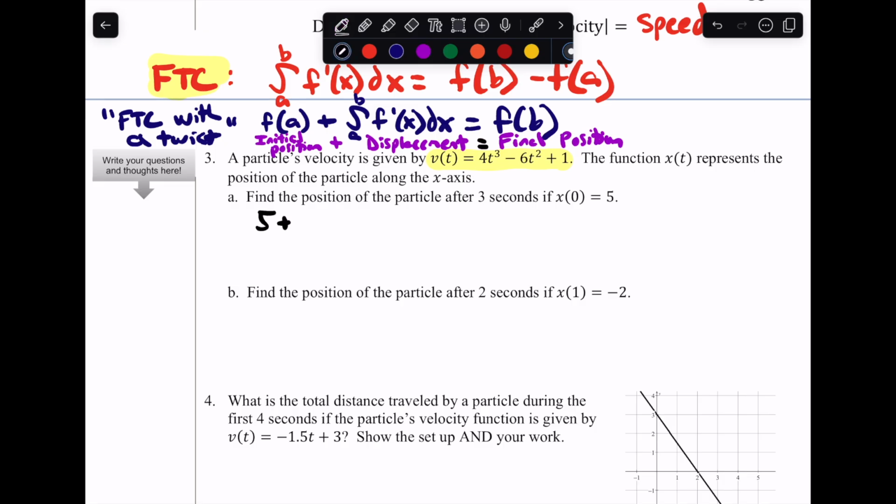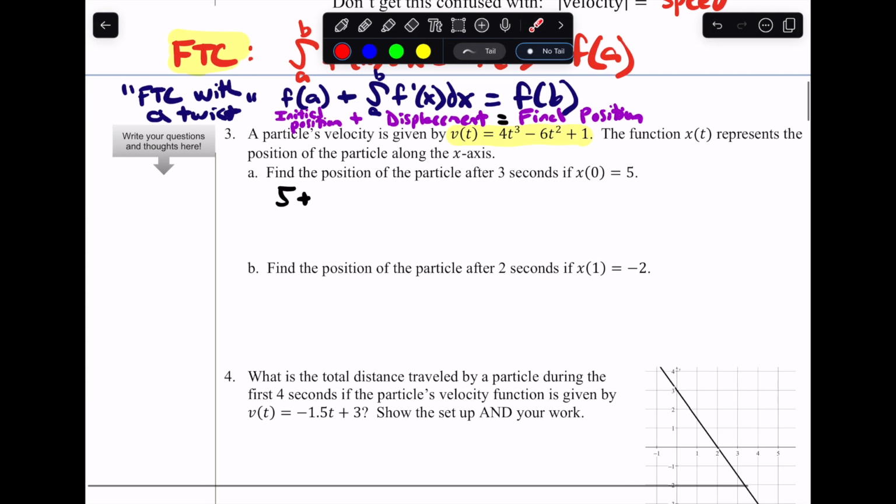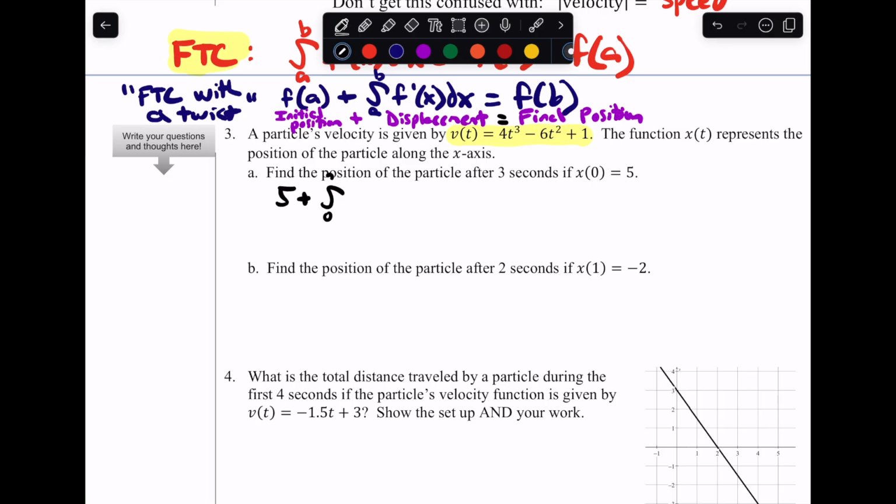And to find the displacement, we're going to need to integrate the velocity over that same time period, going from, looks like, my t equals 0 to t equals 3. So that's going to be the integral from 0 to 3 of that velocity function that we've got, which is that 4t cubed minus my 6t squared plus 1 with respect to my time.